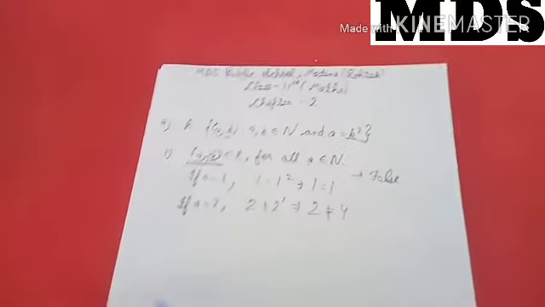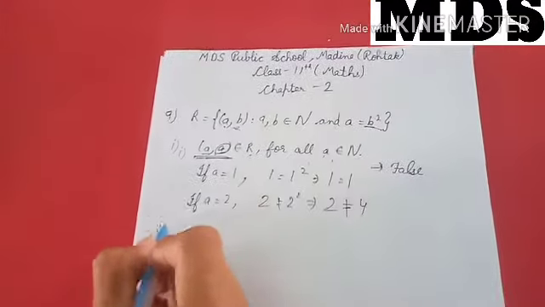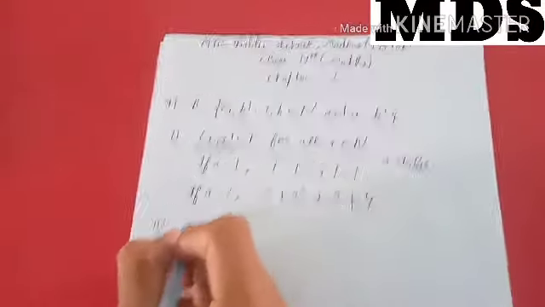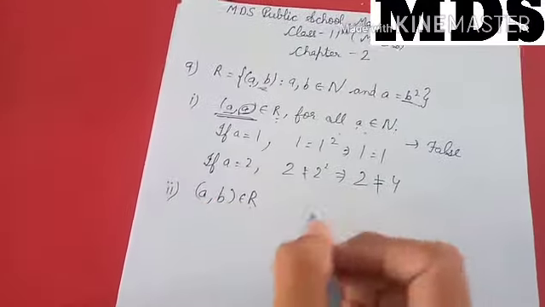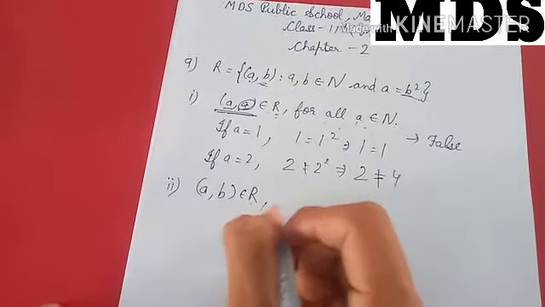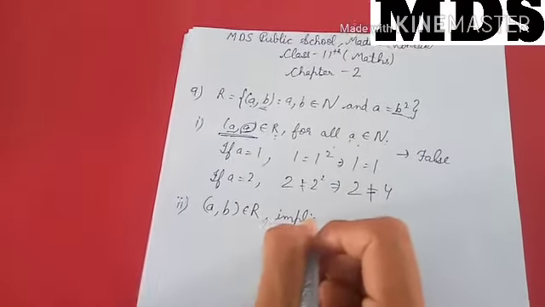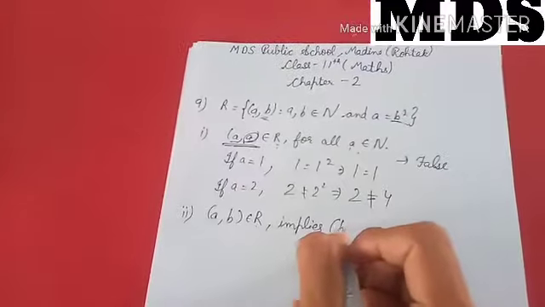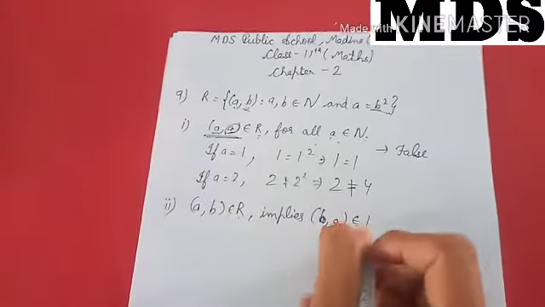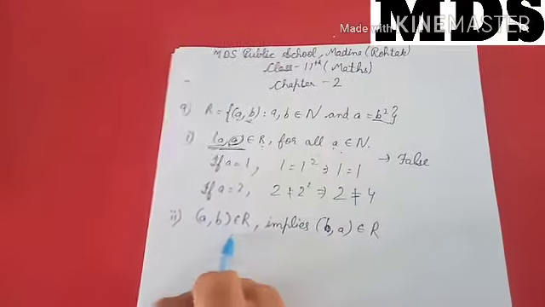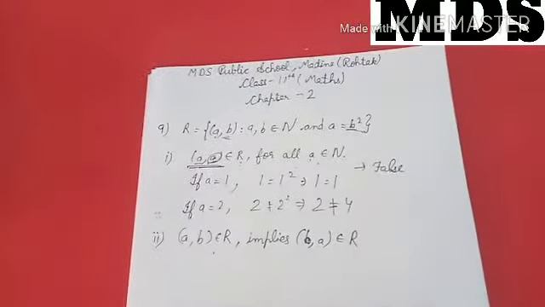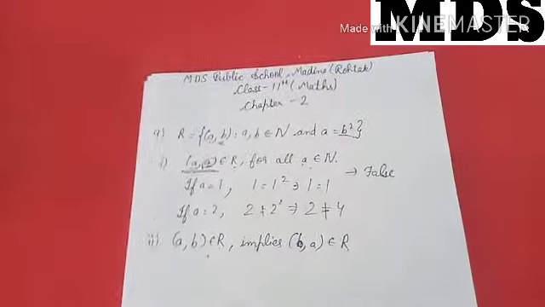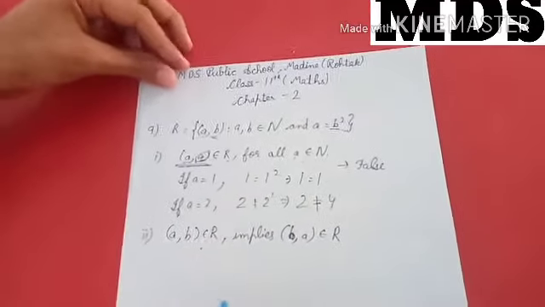Now the second part. What they are saying is that if (a, b) belongs to R, means it is an element of R, that means (b, a) also belongs to R. That means if it belongs to R, then this must also belong to R. This we will solve by taking examples.